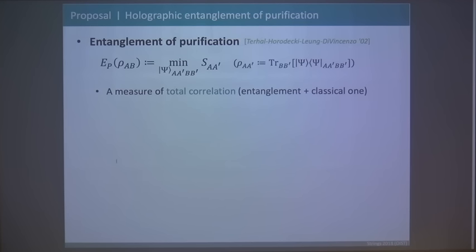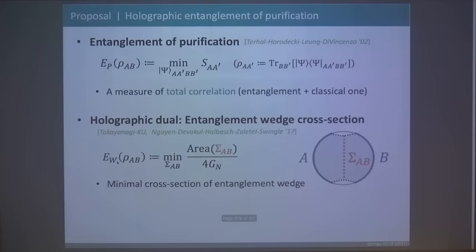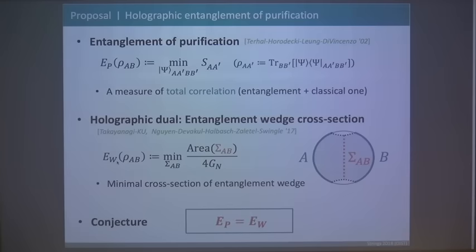It captures both quantum entanglement and classical correlations, so it is called a total correlation measure in information theory. The holographic counterpart is called the entanglement wedge cross section. We defined it as the minimal area of the corresponding entanglement wedge in AdS. And we argue that these two quantities coincide at the leading order of the large N limit.